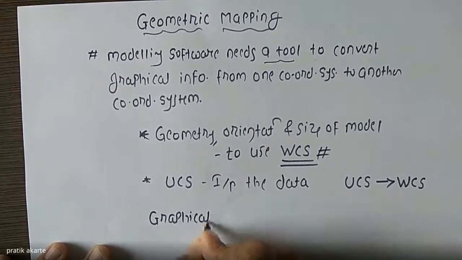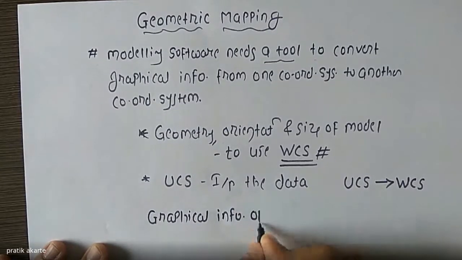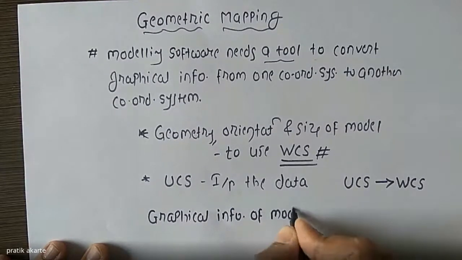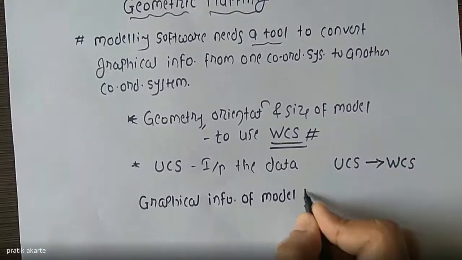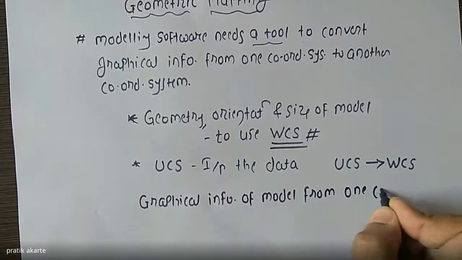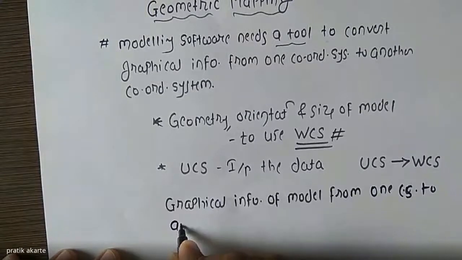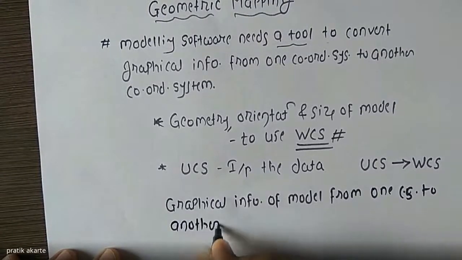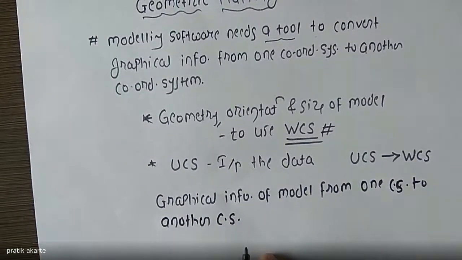So what it does is change the graphical information of the model which has been created by the user from one coordinate system to another coordinate system. This is the task of geometric mapping. But while doing this, what happens?